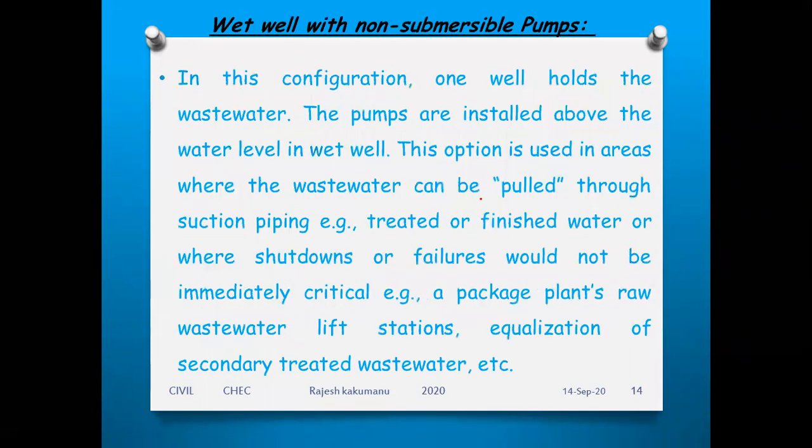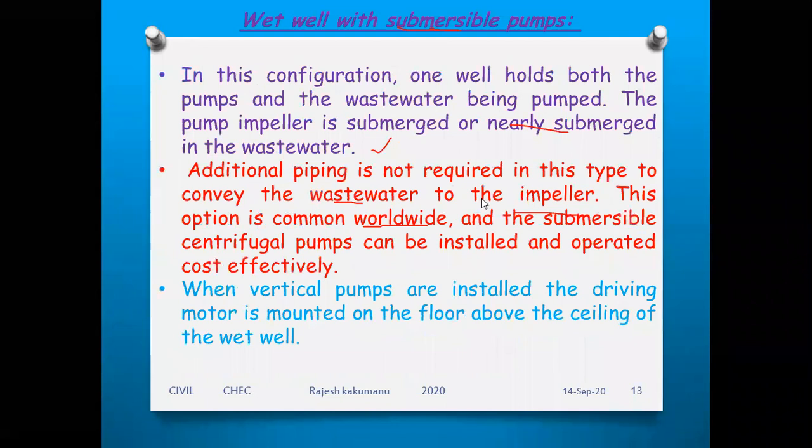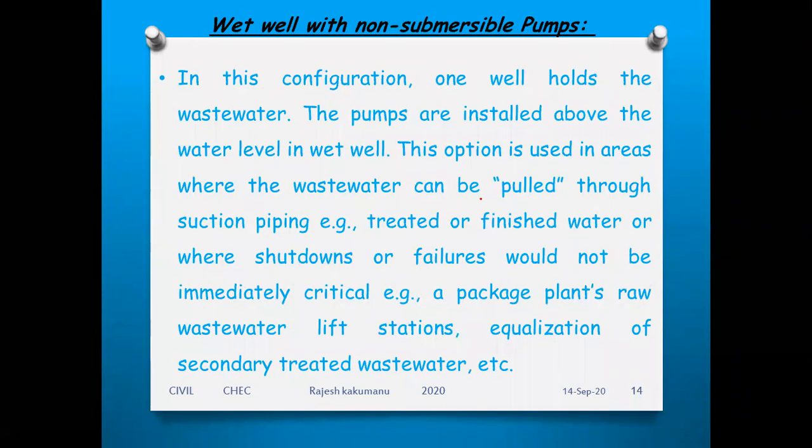Next, here we are using non-submersible pumps. Wet well with non-submersible pumps. In this configuration, one well holds the wastewater, and the pumps are installed above the water level in the wet well.